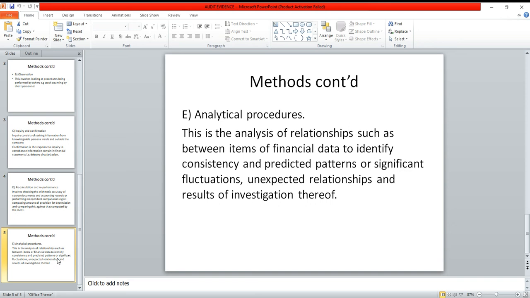So it is also conclusive for the auditor to give himself assurance of the possibility of weakness in the internal control system.